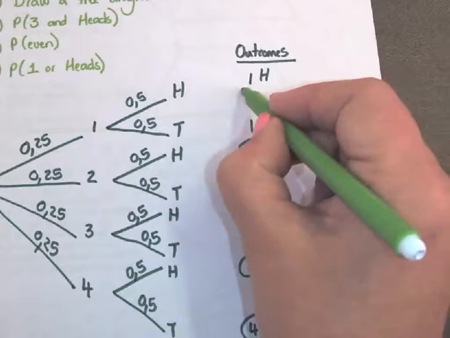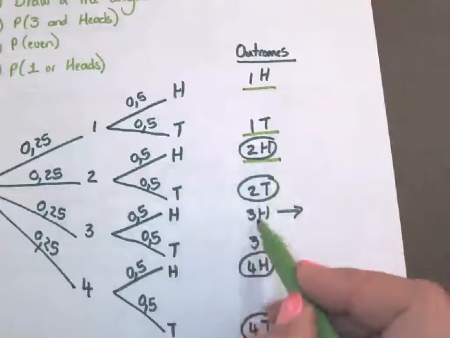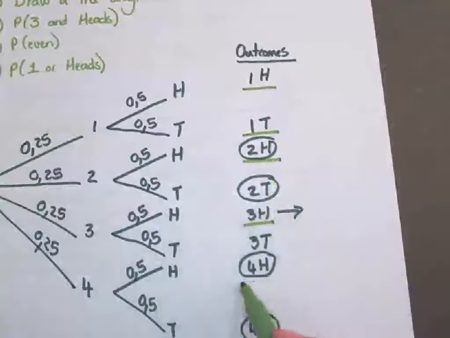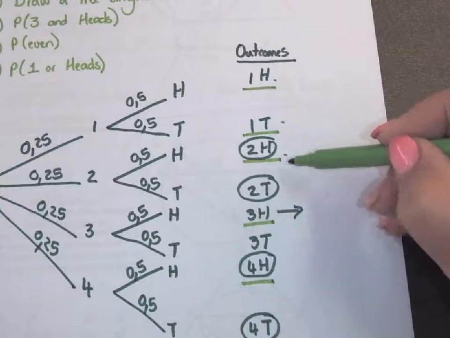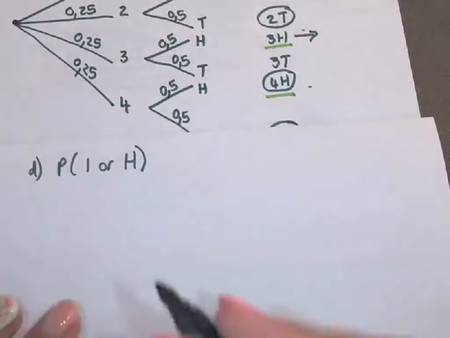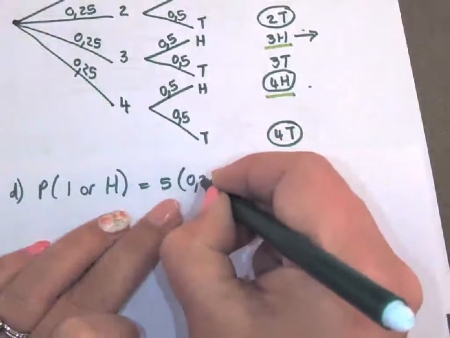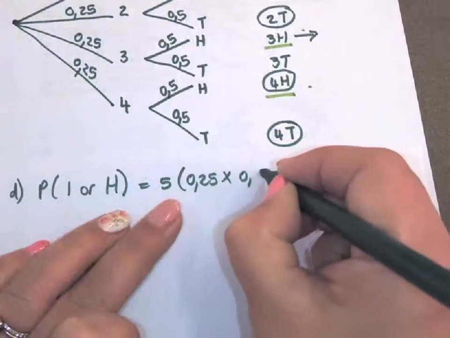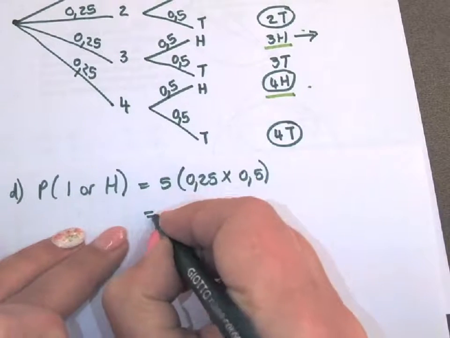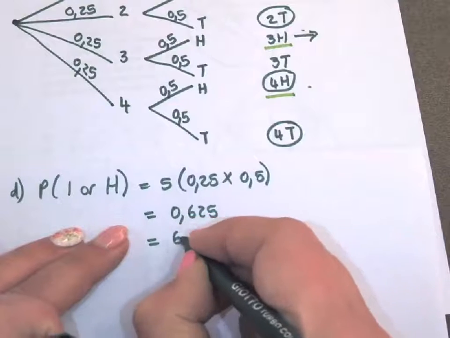There is a 1, there is a 1, there is a head, there is a head, there is a head. How many are there? 1, 2, 3, 4, 5. So we have 5 of the same things, 0,25 times 0,5, and that is 0,625, which is 62,5%.